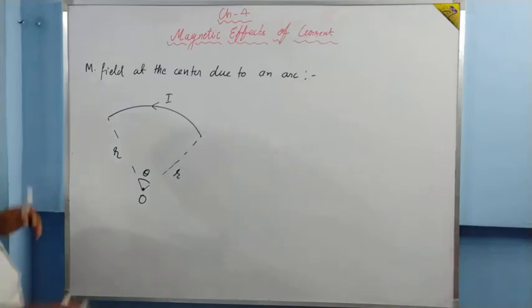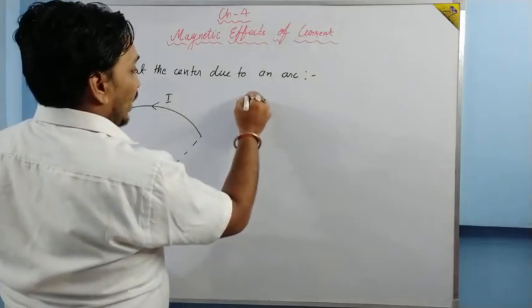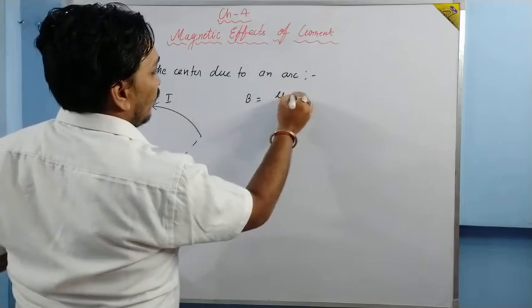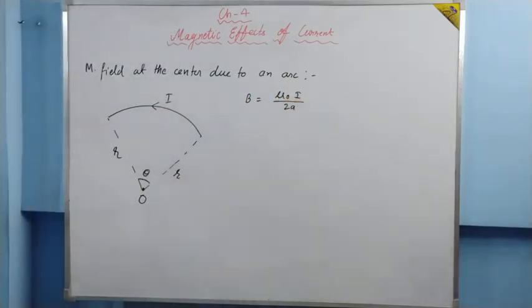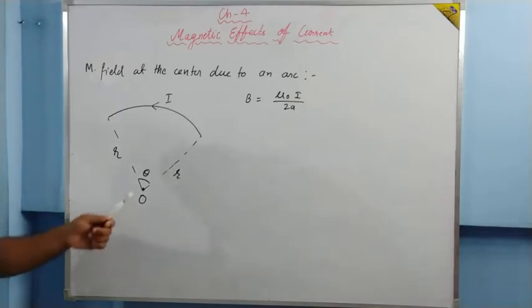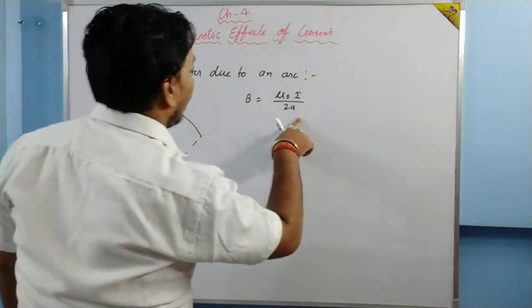If it had been a complete circle, then the magnetic field would be mu naught I upon 2a. So this mu naught I upon 2a is the magnetic field due to the complete loop. And the complete loop subtends an angle of 360 degrees or 2 pi radian at the center. So this magnetic field is there because of the angle 2 pi.